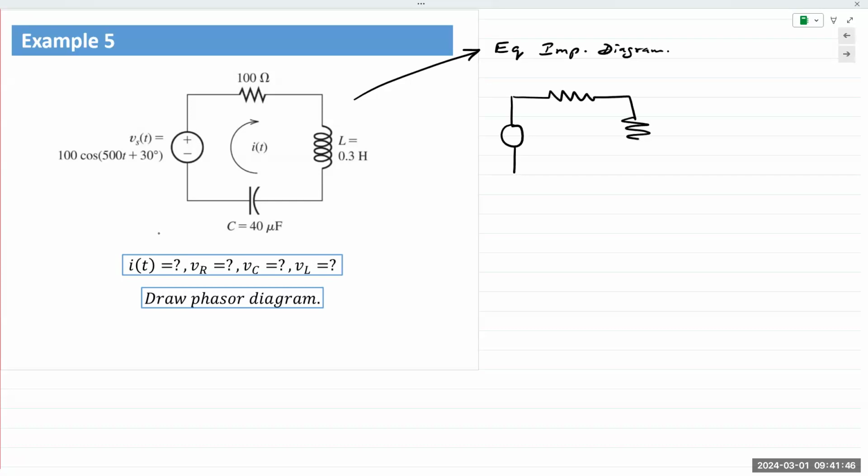Simply three impedances. ZR is of course R, that stays the same, so 100 ohms. This becomes ZL, this becomes ZC.